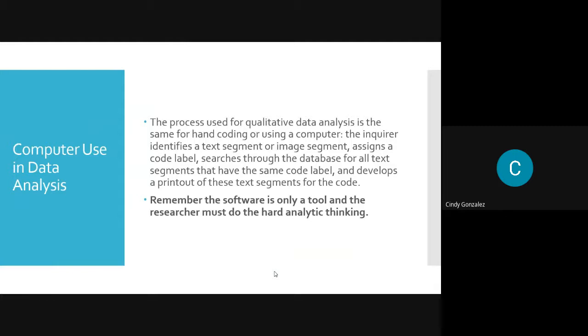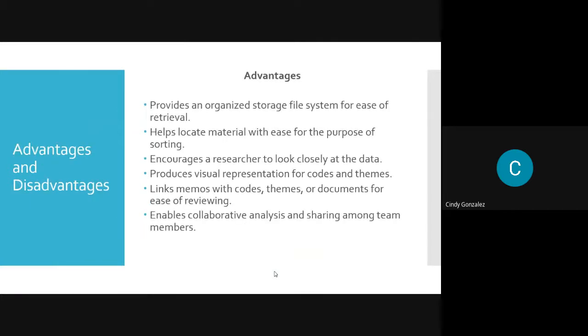So the researcher is the one pulling out the information and doing all of the reading. The computer is just a tool that's going to make things easier, but the analytical thinking has to be done by the researcher. There are advantages and disadvantages. Advantages: it provides an organized storage file, so it makes it easy to retrieve and find material.